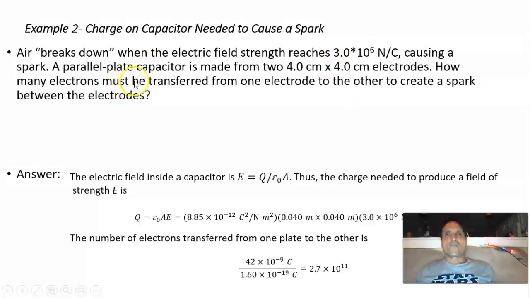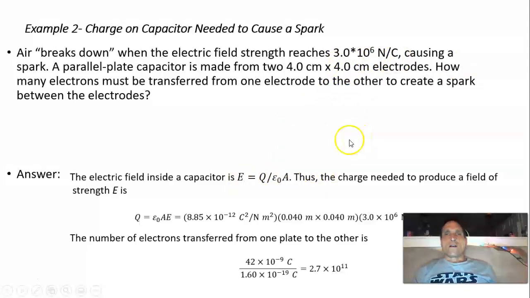So let's start with an equation which relates the electric field of a parallel plate capacitor to its area. Here it is: electric field is Q over epsilon naught A. If the minimum field E is 3 times 10 to the 6 newtons per coulomb, how many electrons need to be transferred?